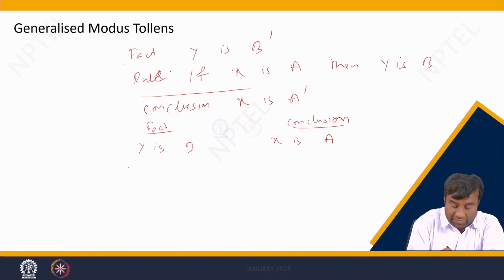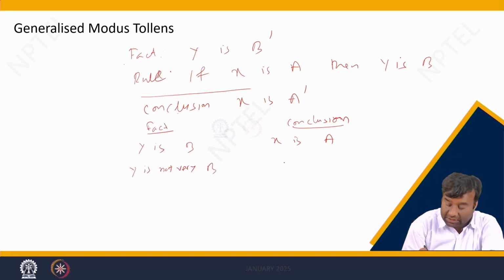Y is not very B, so x is not very A. So these are the fuzzy expressions.